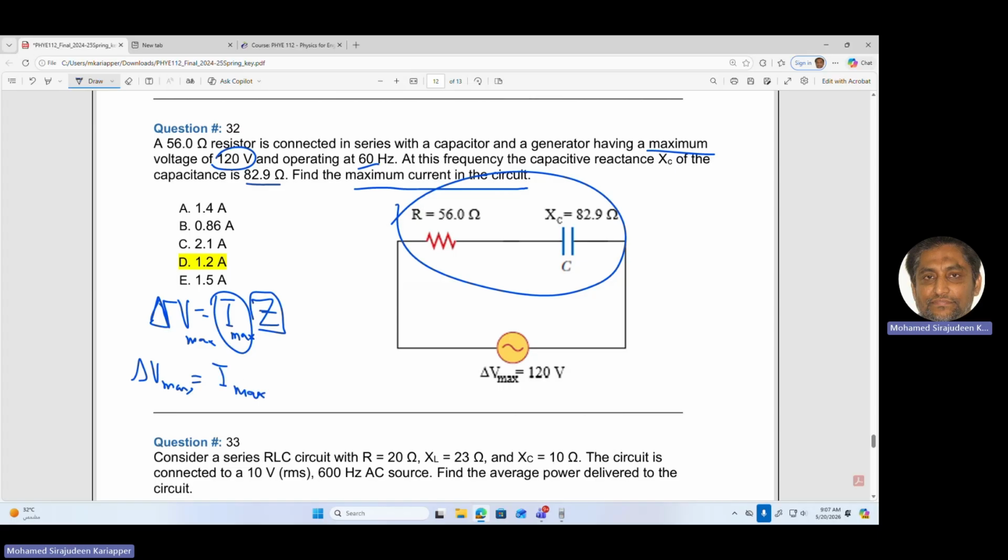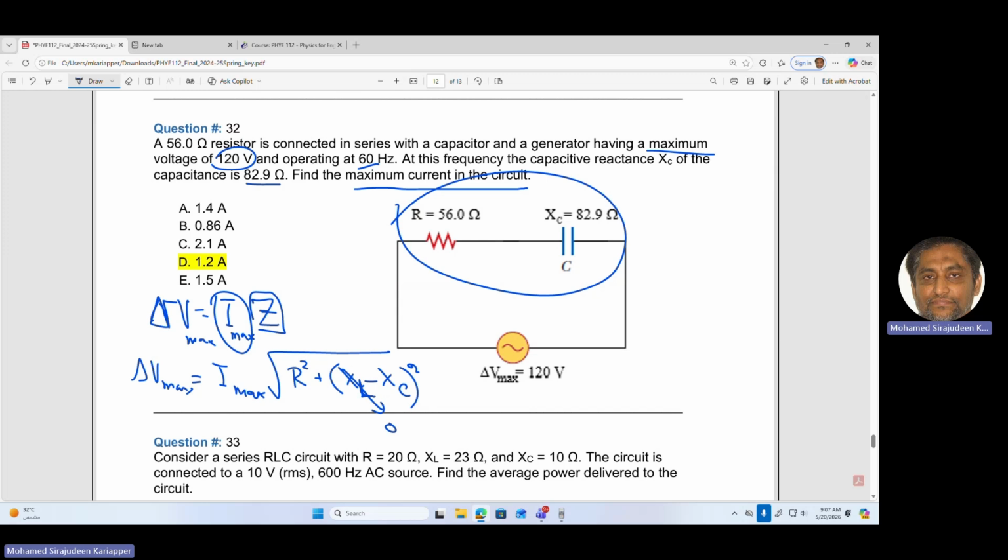In general, you can write this for an LRC circuit when you have L as well, but there is no L here. If you just remember this in general, there is no L now. No inductor, that is 0.